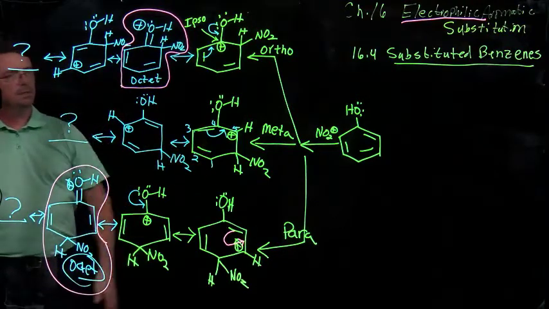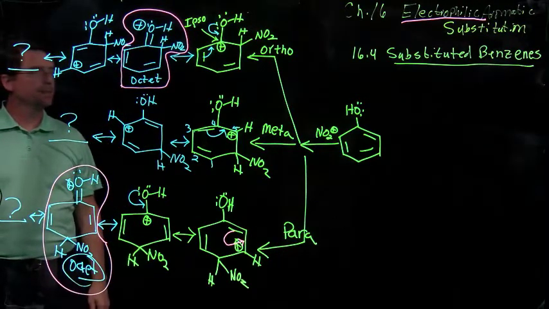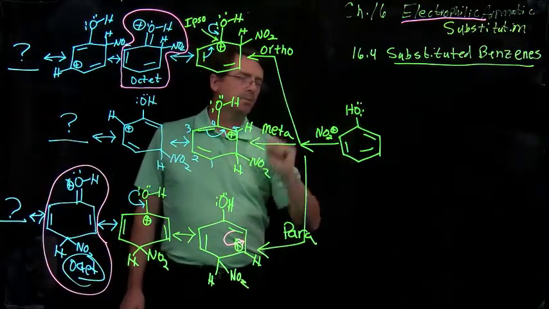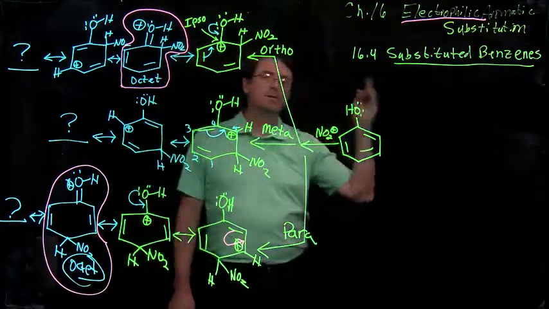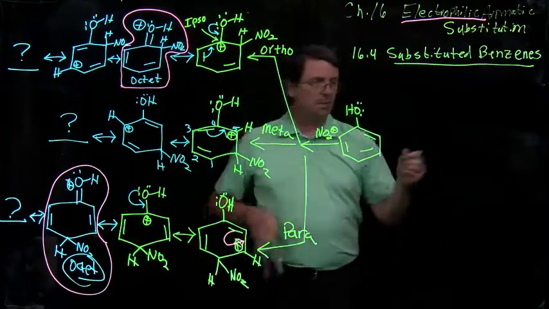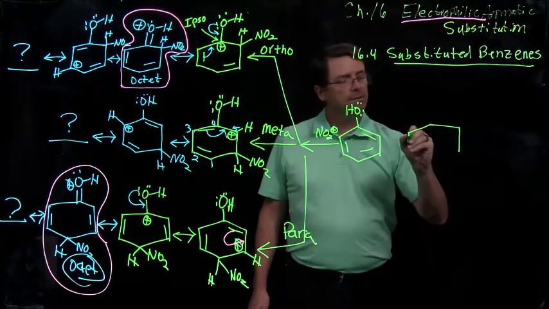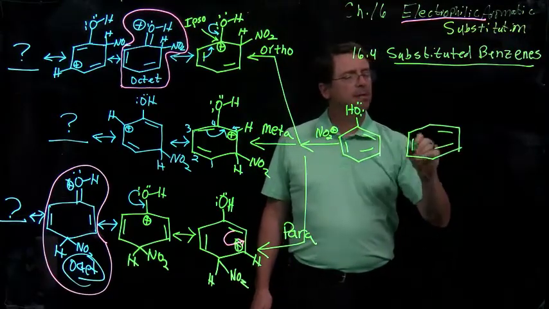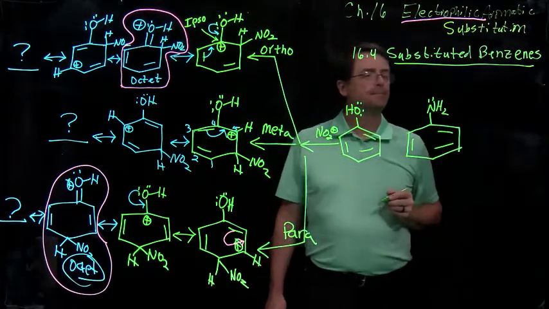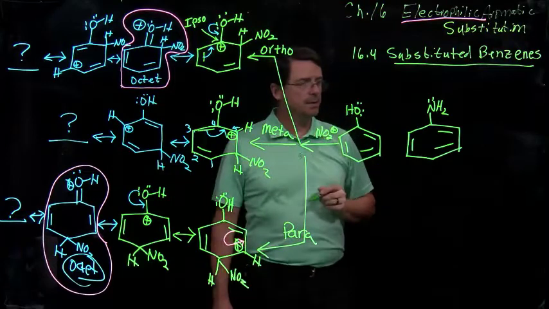So all the substituted benzenes that have an atom with a lone pair, so the halogens, the oxygens, nitrogen is actually a better donor than oxygen. So you take as an exercise to draw these with aniline. Okay? You see the lone pair on nitrogen.